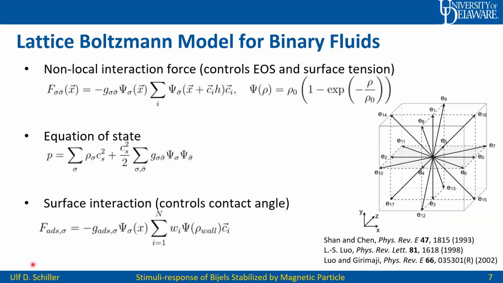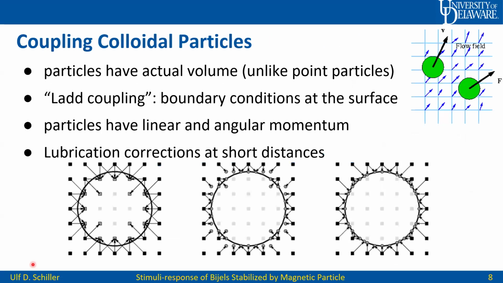We did that with similar methods as we have already seen. We used the Shan-Chen multi-component model here with a non-ideal equation of state. We have some interactions to control the contact angle. This is all very similar to what the previous presentation showed. We also use what most people call the lattice coupling to have the particles on there.